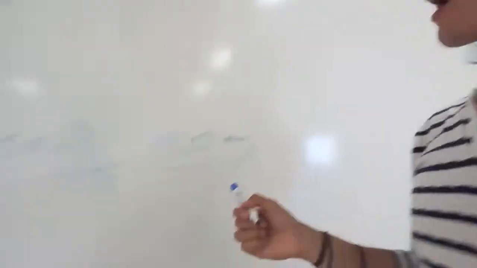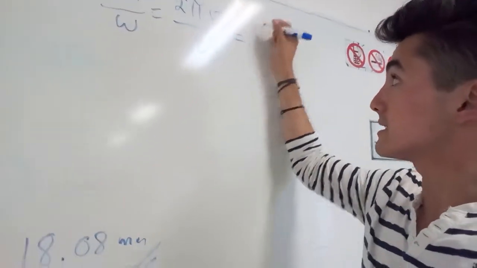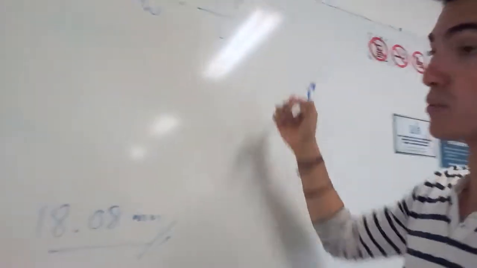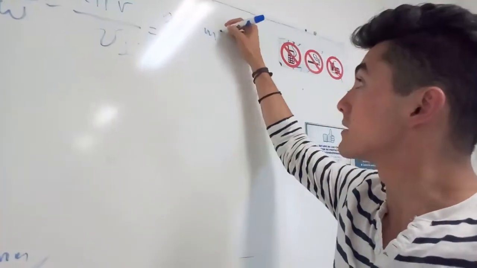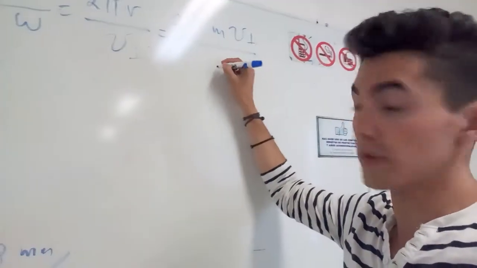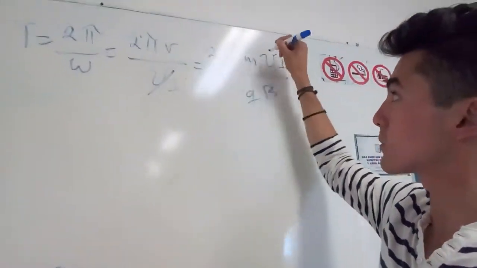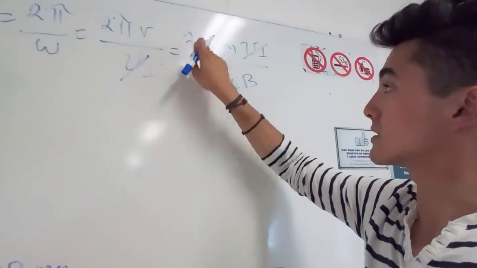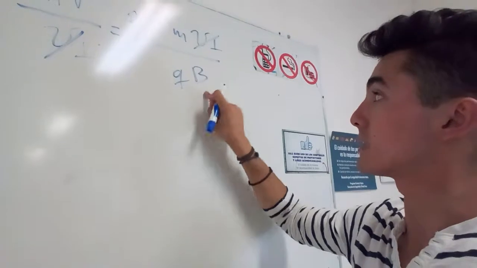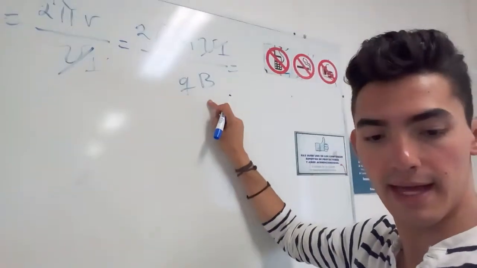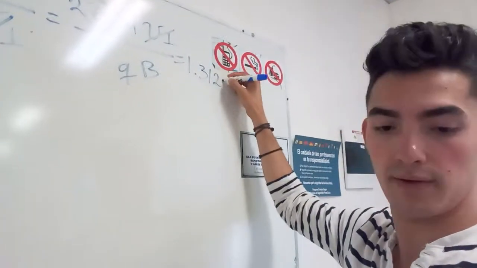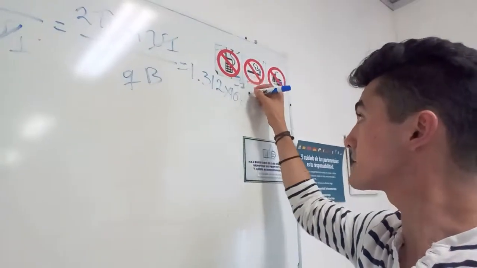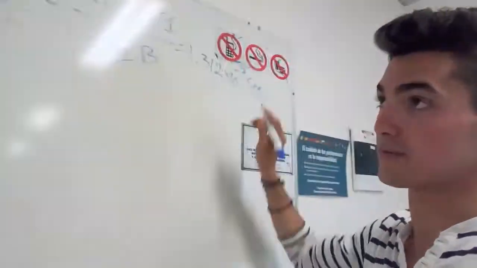But we are working with the perpendicular velocity, so this is 2 pi times the radius over v, and we know that our radius is m times the velocity over the charge times B. So here we cancel the velocity, and we are left with 2 pi times m over q times B. And this is equal to 1.312 times 10 to the minus 7 seconds. Okay, so this is for part C.